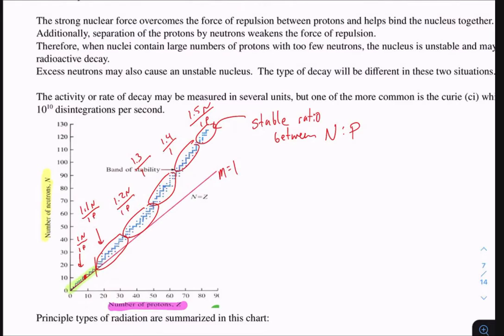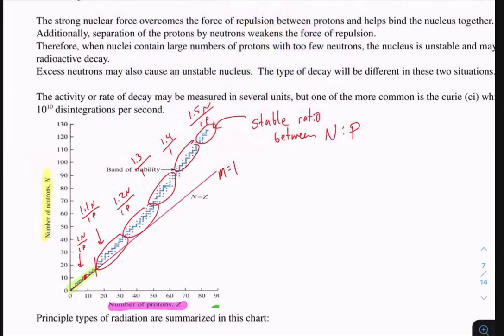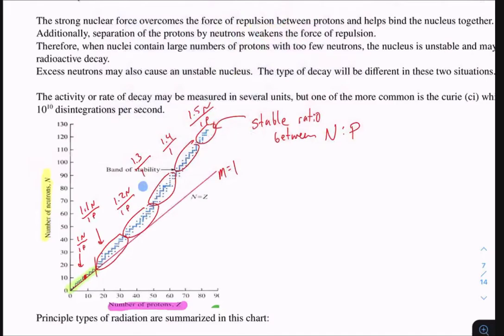So, what happens if the ratio is wrong? What if we have an element here represented by this blue dot right here? That ratio has too many neutrons per proton.